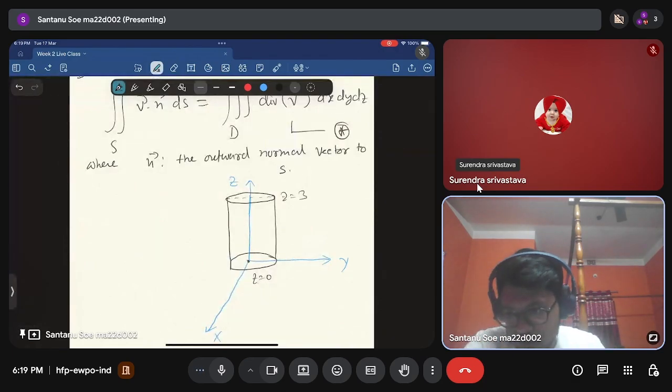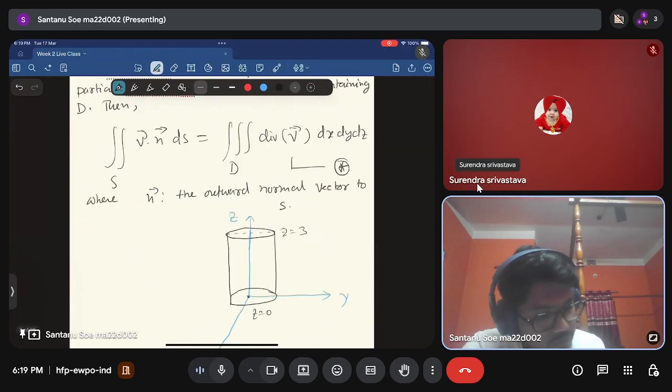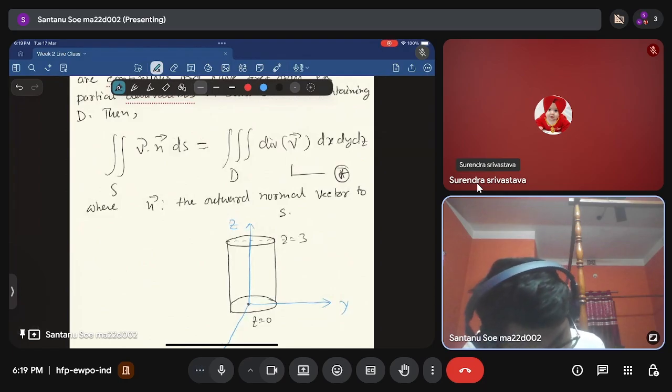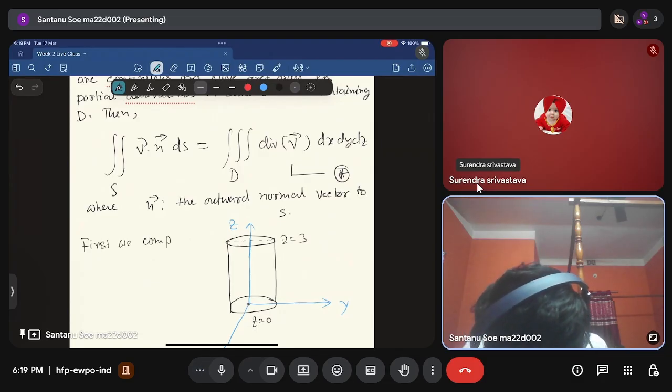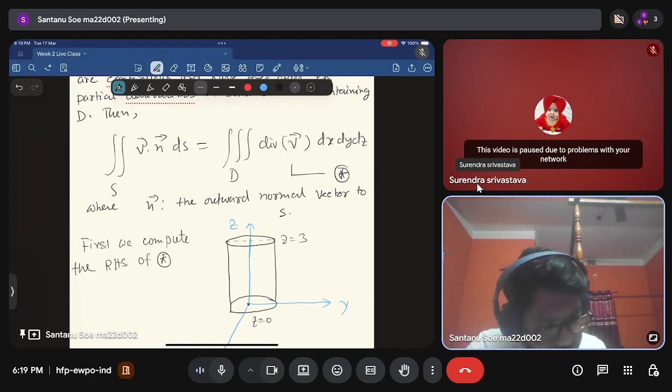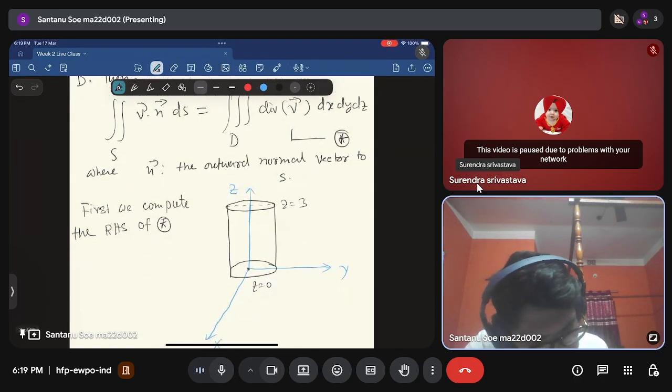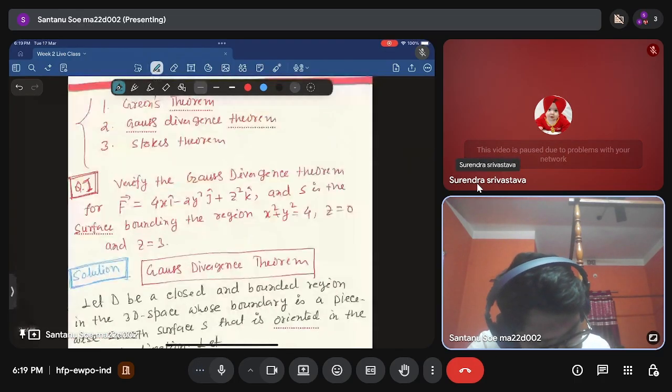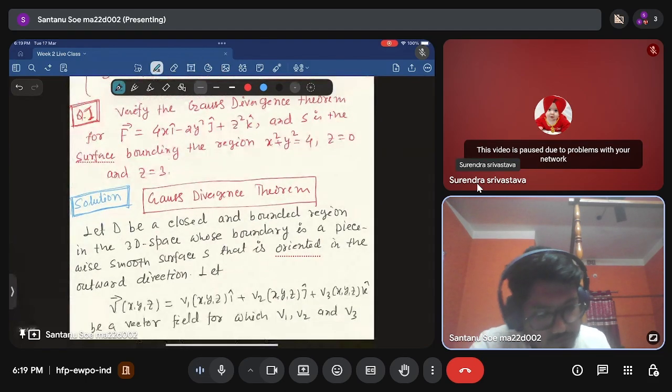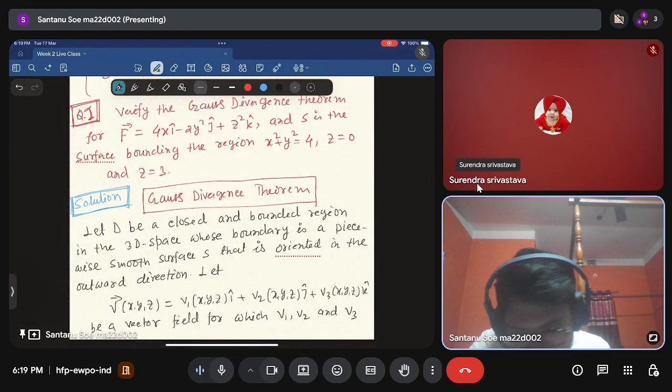Okay, so now first we're going to calculate the divergence. That means we're going to compute the right hand side of star, which is the volume integration. So what is divergence of F? Here F was 4x i minus 2y square j plus z square k.